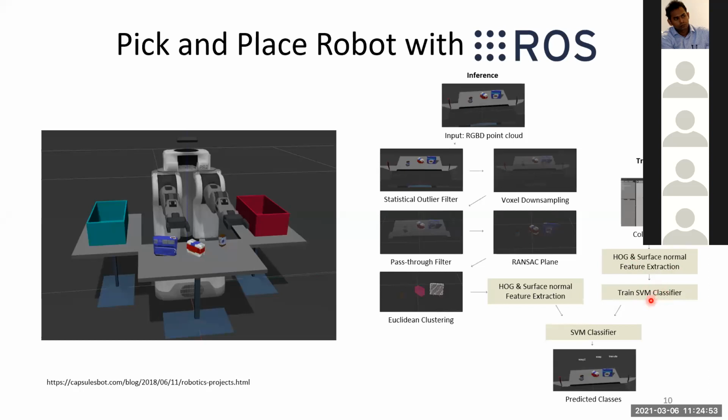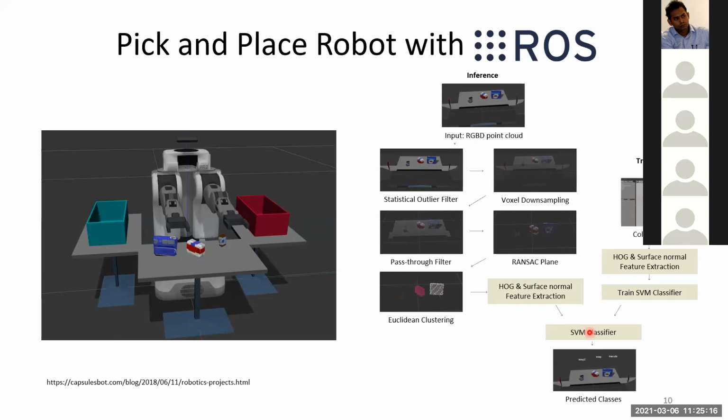We train that, and in inference, you get the point cloud data using the RGBD sensor, and we perform some pre-processing algorithms such as downsampling, filtering, and clustering, and then from the resultant image, we again extract HOG and surface normal features, and then we input those features to the SVM classifier.